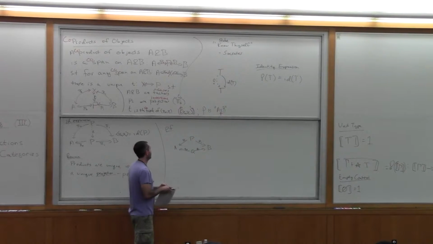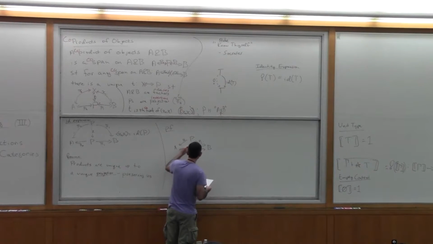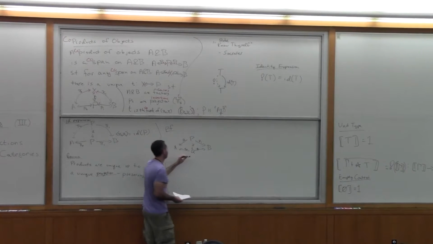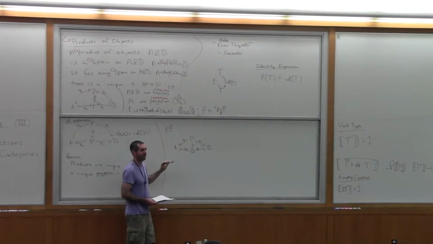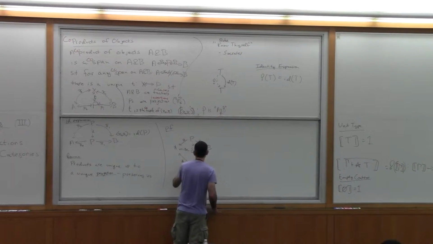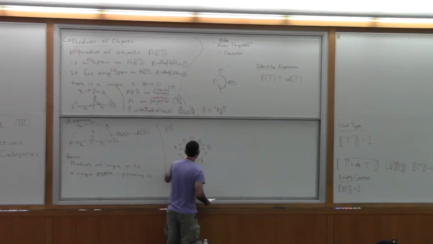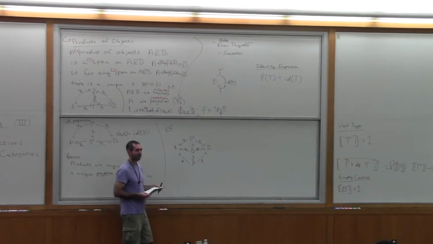Okay? Now, because Q is a product, there's a unique tuple here, we'll call S, right? That makes these triangles commute. But now, because P is a product, again, there's a unique arrow here from Q to P, making these triangles commute.